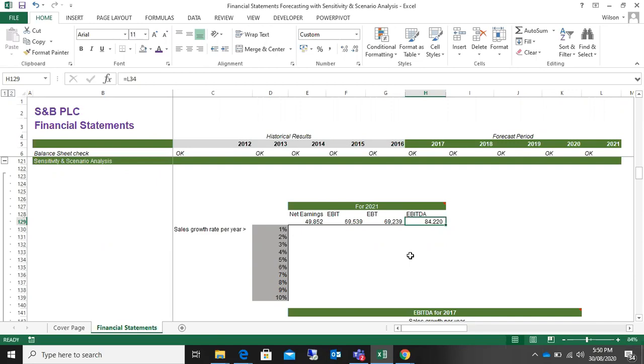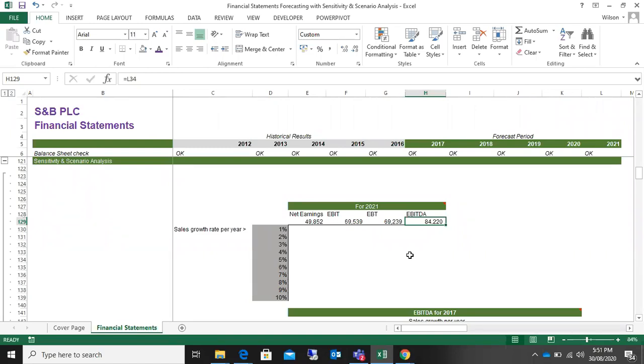And we, of course, want to see the impact of this growth rate on the net earnings, the earnings before interest and tax, the earnings before tax, and the earnings before interest, tax, depreciation, and amortization.